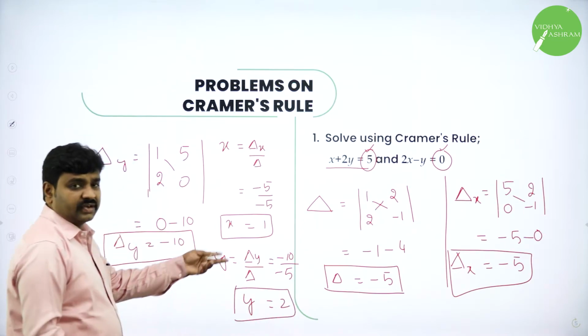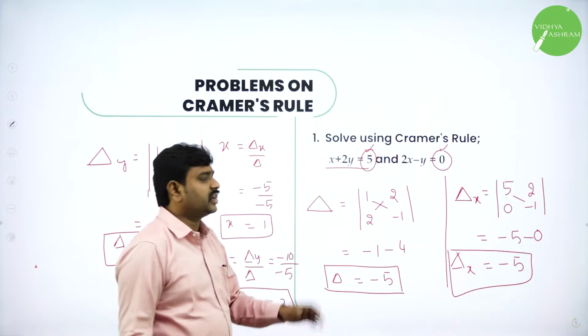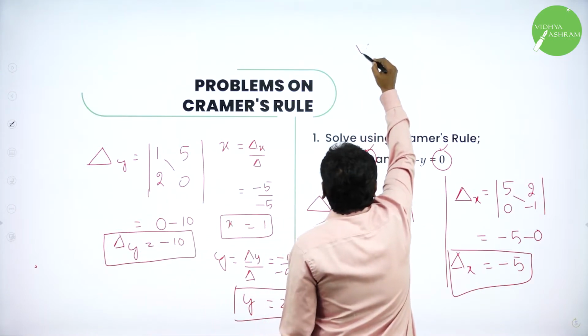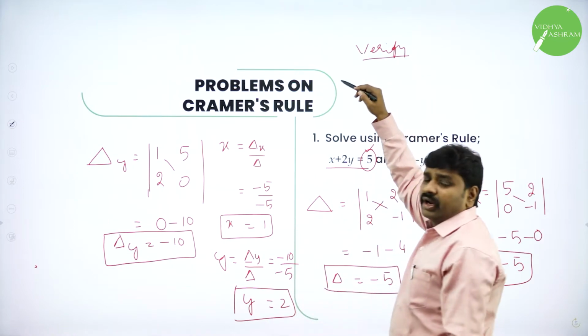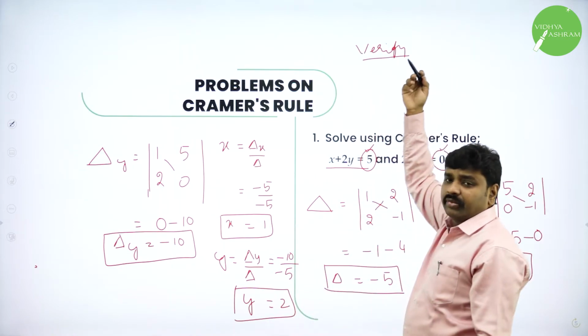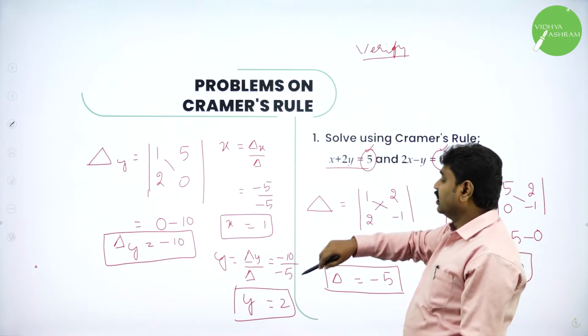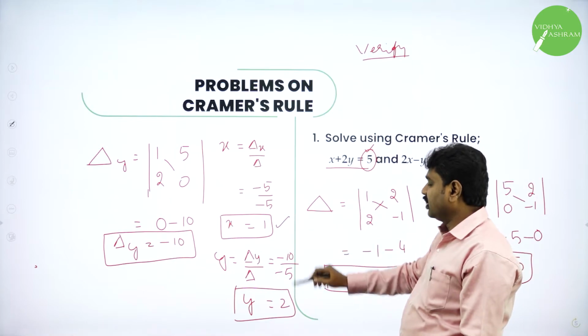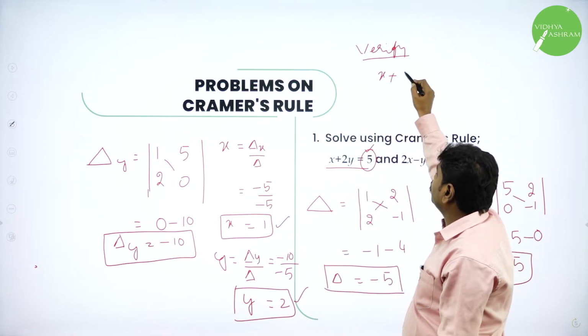So now you got x and y. Just substitute in the LHS of any one equation, it will give the RHS. This verification is not required, just to verify whether you got it right or not. It's a good habit, so that you need not hurry up. First you check whether your answers are correct. How to check? Verify. So I'll put x and y values, x is 1 and y is 2, in the LHS of the first equation. First equation is what? x plus 2y.